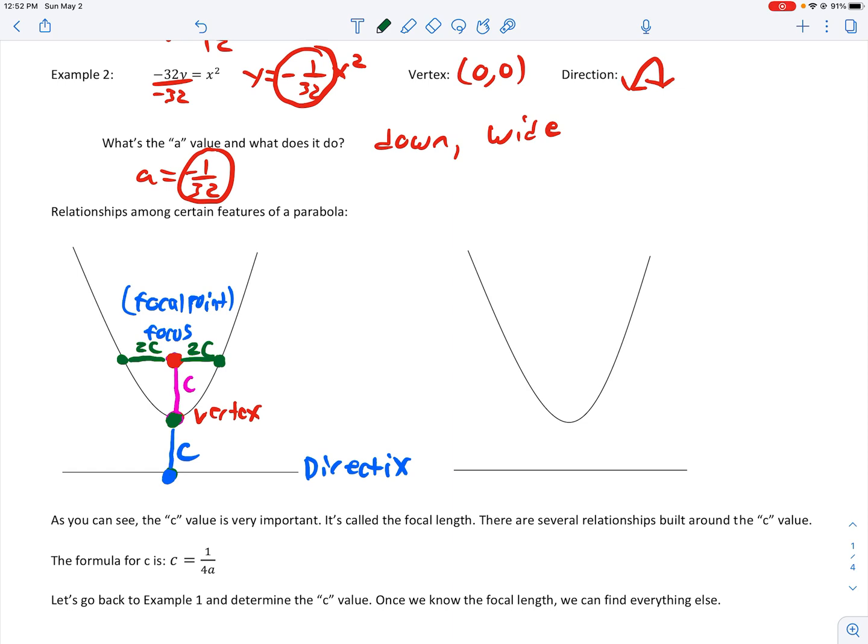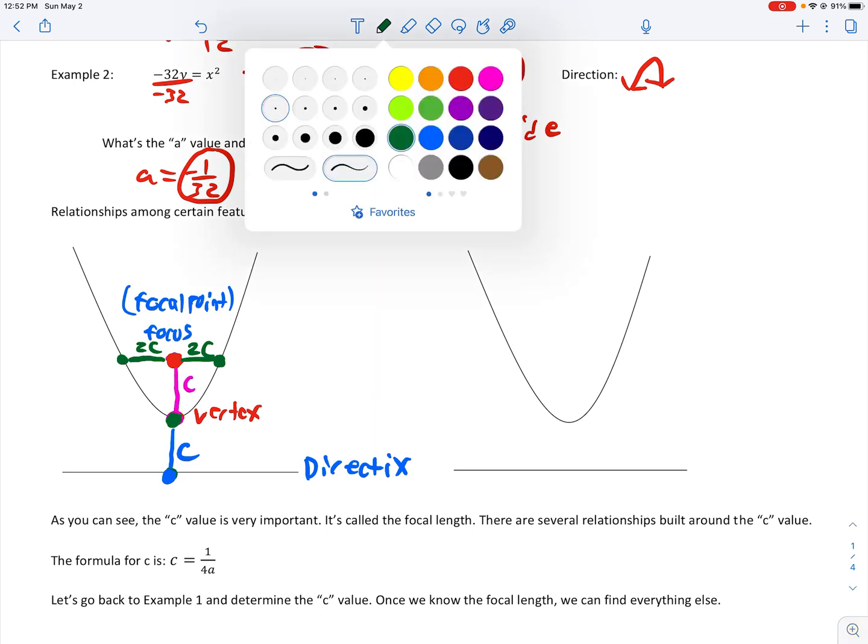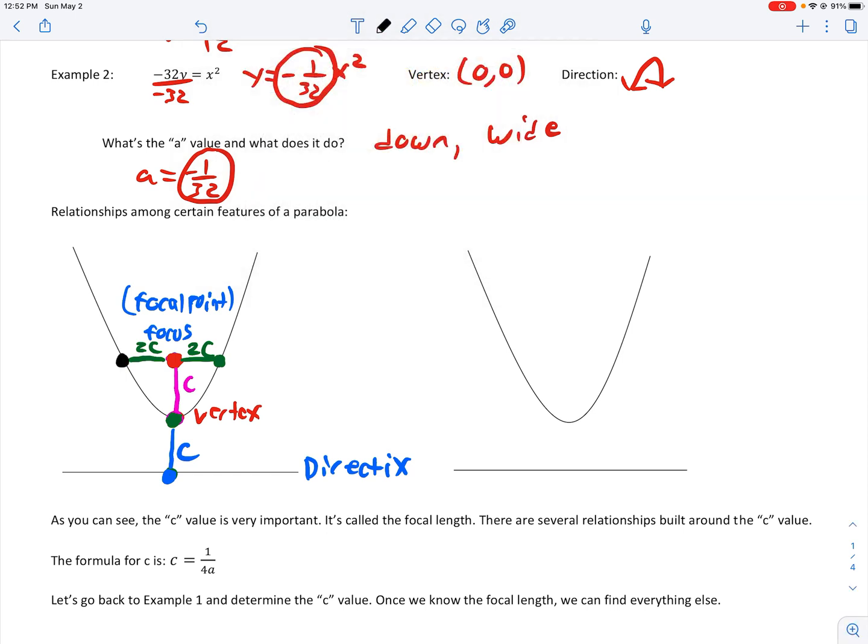Any point you pick, the distance from that point on the curve to the red dot, and from the corresponding point on the other side to the red dot, is 2c. It's twice the distance from the focus to the vertex. And the distance from the red dot to this black dot, 2c, is the same distance from that black dot down here. So this is also 2c.